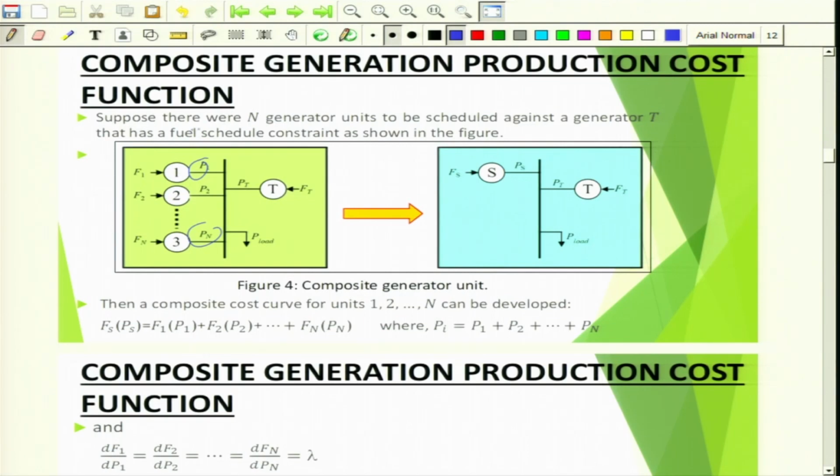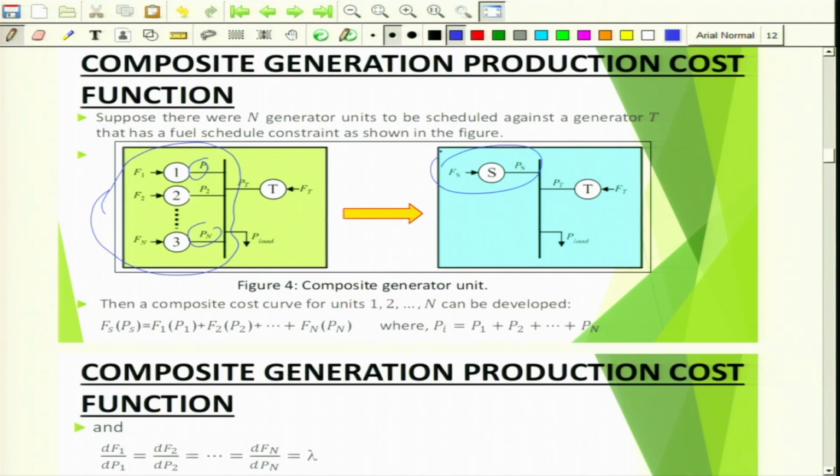We need to simplify this, where the total generators from 1 to n, whatever the number of generators were there, need to be represented by one single generator effectively, so that the problem will be more simple.